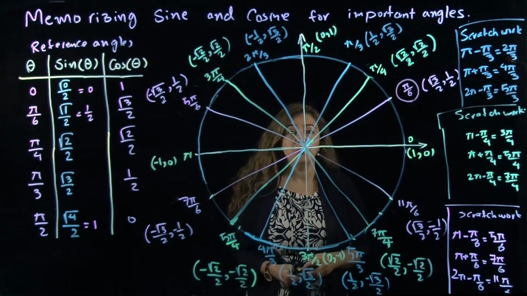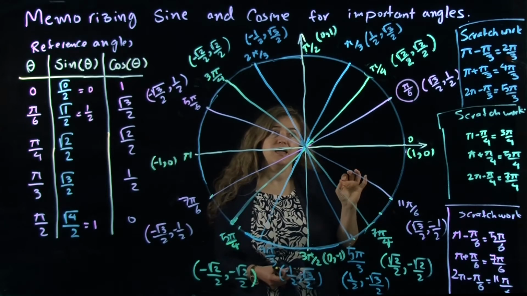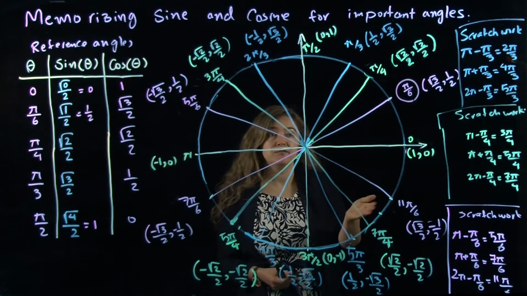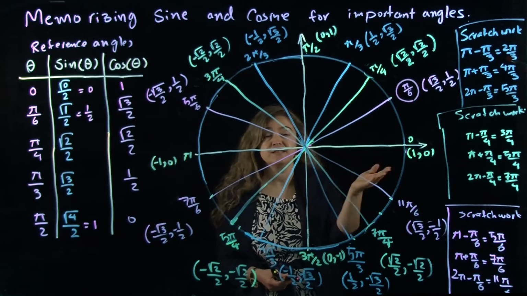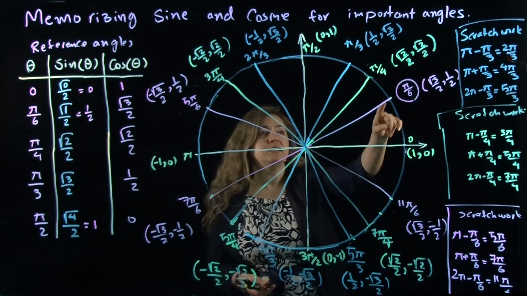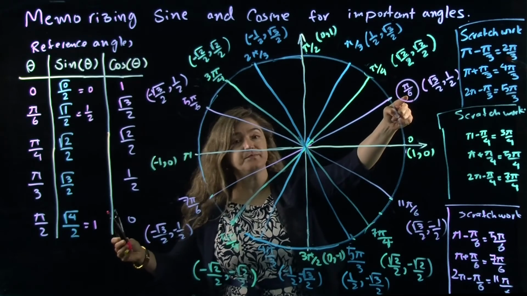Pi 6 is 1 pi 6. If I start counting the numerator from 1 all the way to 6, I should be able to get a pattern. Let's see. 1 pi 6 is the reference angle.